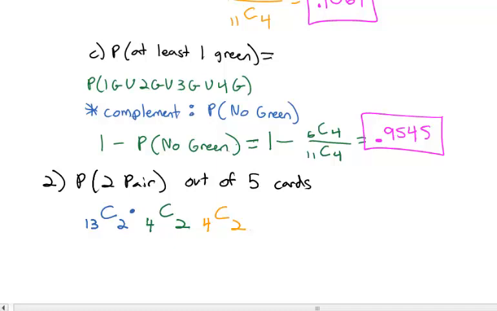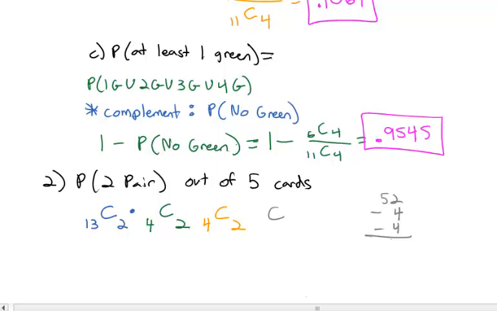But that only will give us 4 cards in our hand. We need a 5th card. How many cards are left to be chosen from? Well, we don't want to get a repeat of a card we already have, because then I'd have a full house, 3 of a kind and a 2 of a kind. So this has to be a different number. Remember, there are 52 cards in a deck. We don't want one of the 4 jacks, and we don't want one of the 4 queens, because those are pairs already.